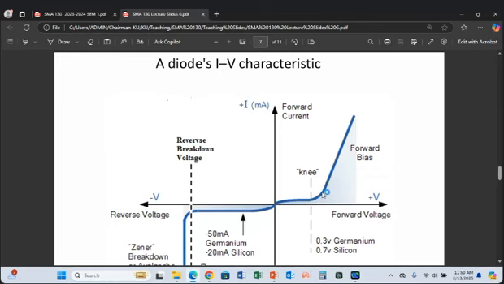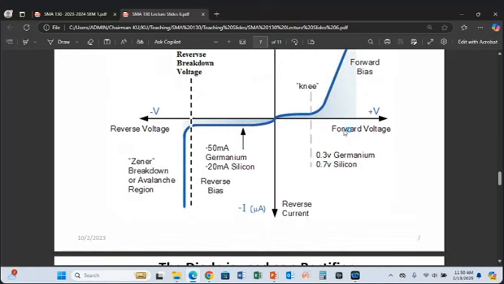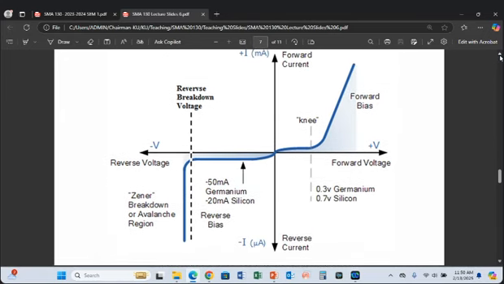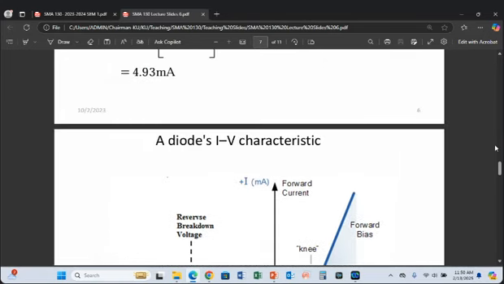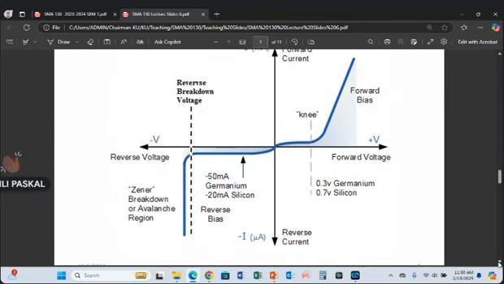We call this point the knee. This is where the diode is fully conducting current, and for a small change in voltage we get very high current passing through it. So we can say the diode is switched on at the knee voltage.